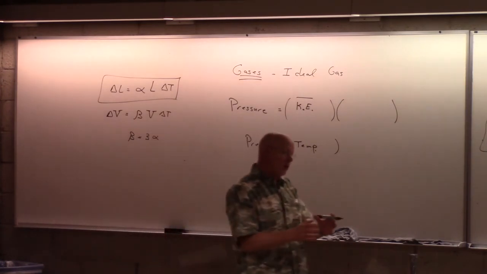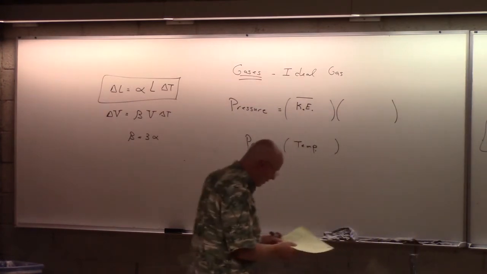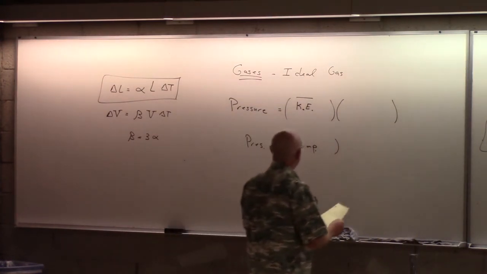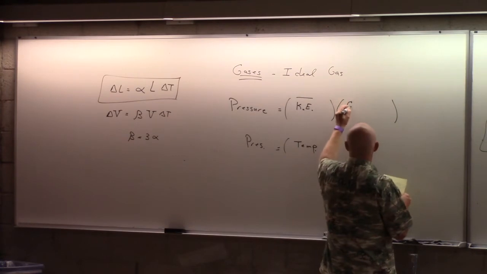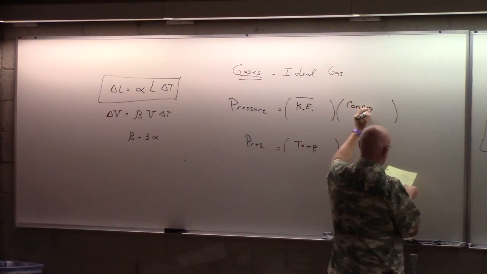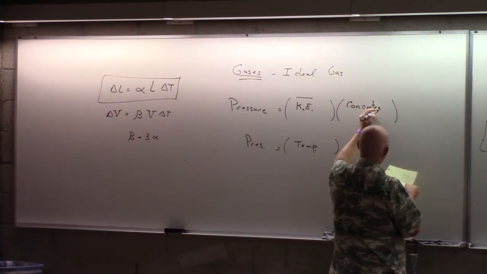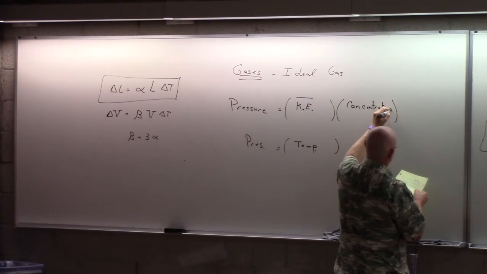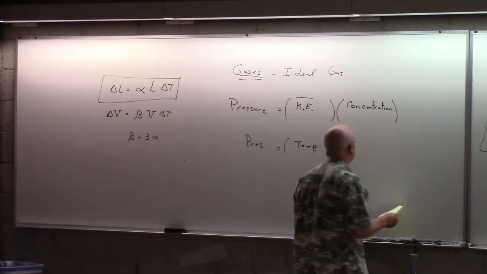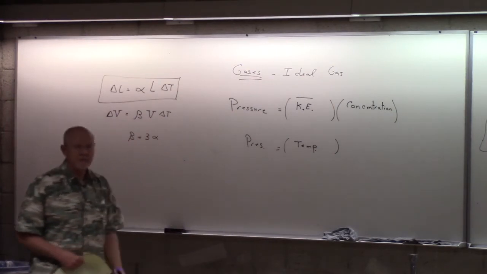And I'm kind of hoping you can also see, both in that conceptual picture and then later on when you study his math, that you would kind of expect the pressure to really depend upon, and I'll say how many atoms or molecules, but it's probably best to say the concentration of them.